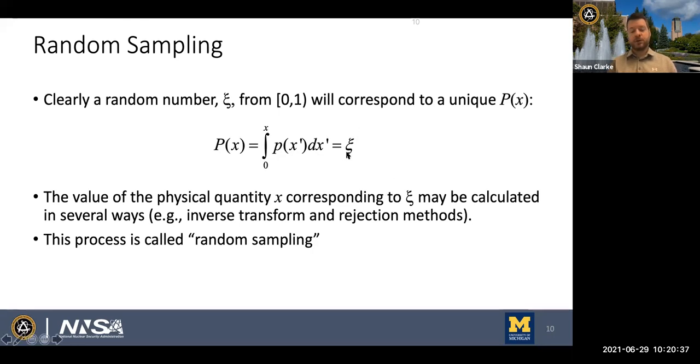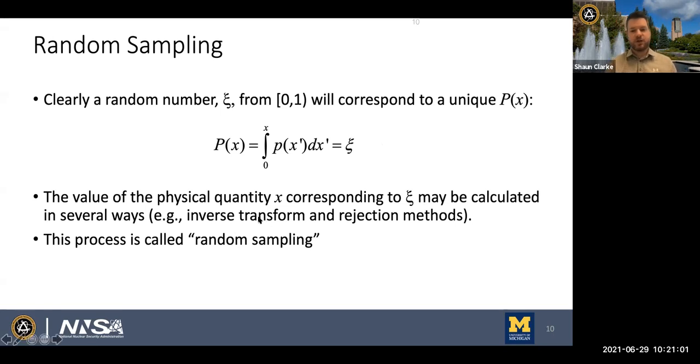Our random number also is on the interval of 0 to 1. So by equating these two and solving for x, we can express x as a function of our random number ξ. So this mathematical process of taking in the CDF, setting it equal to the random number, solving for x, is a process known as random sampling.